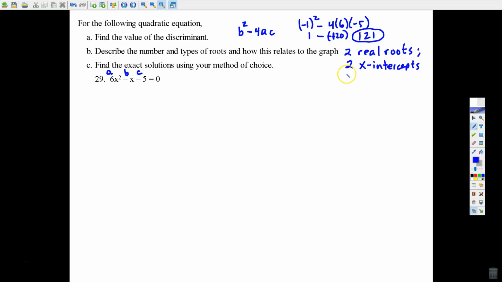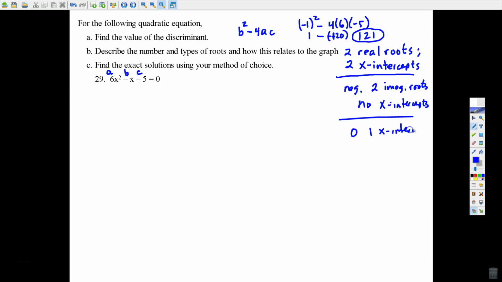If the discriminant should have been negative, you would have said there are two imaginary roots, no x-intercepts. The graph would not cross the x-axis. If the discriminant happened to be 0, we hit the x-axis one time, one x-intercept, and that happens to be the vertex. Okay, so don't just think it's got to be positive and you just memorize the answer.